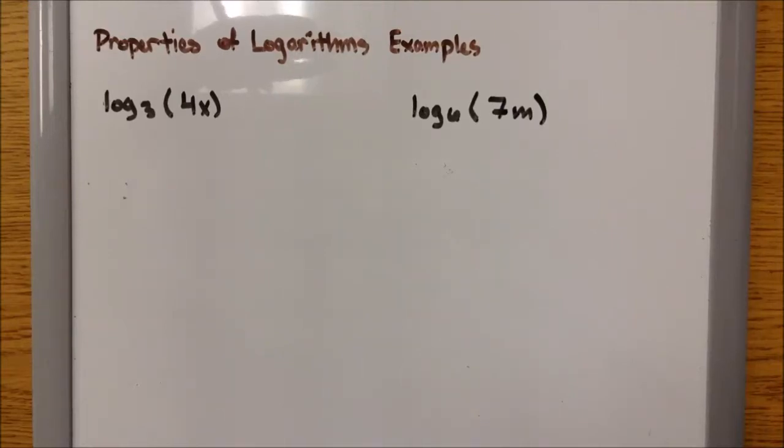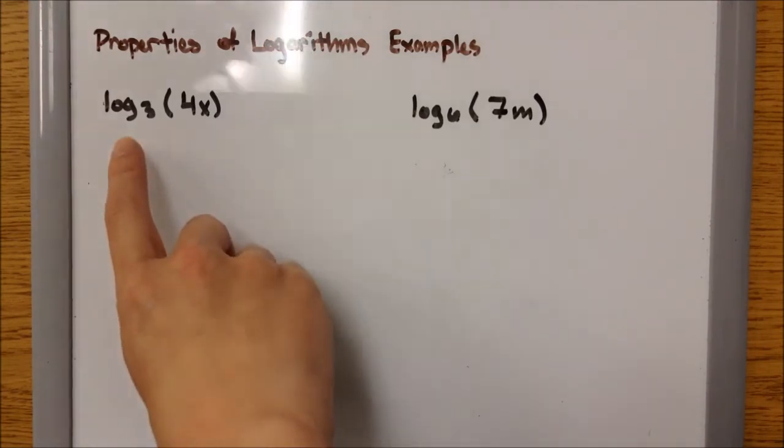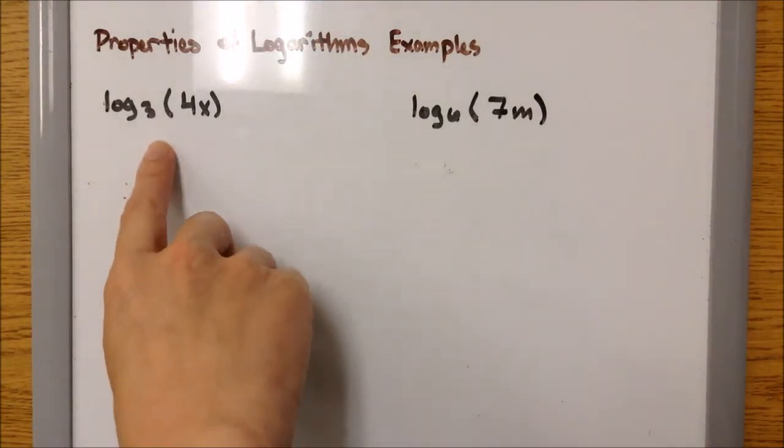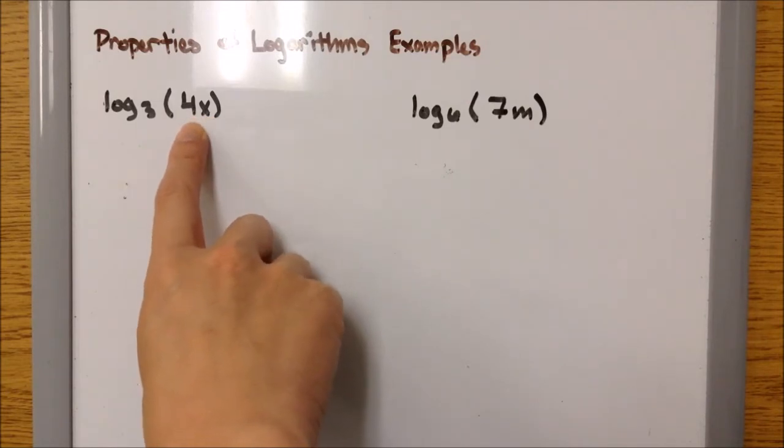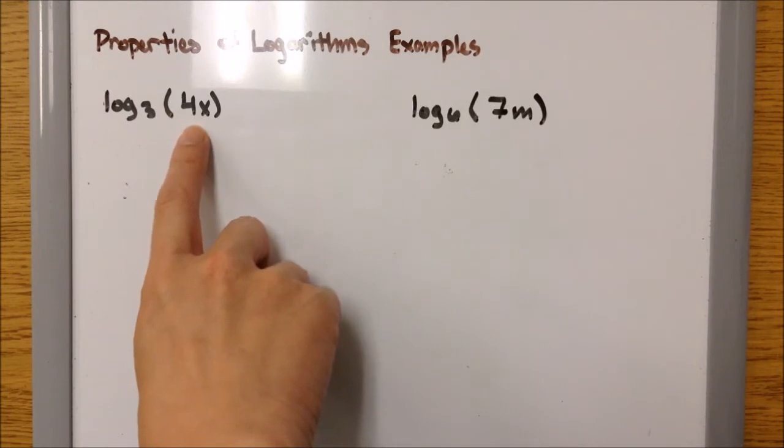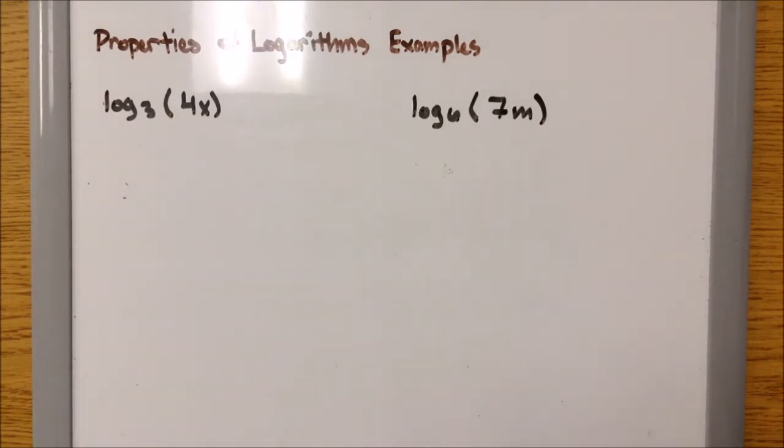Alright, we're going to do some examples on properties of logarithms. So, in example 1, we have log base 3 of 4x. So, 4x can also be said as 4 times x. So, when it's 4 times x, that means it's the multiplication or the product. So, in this example, we're going to use the product property.